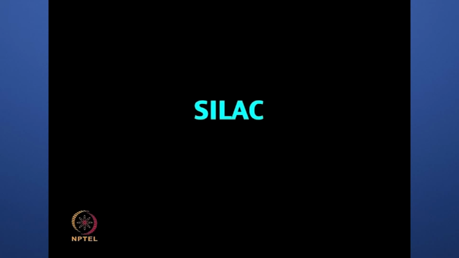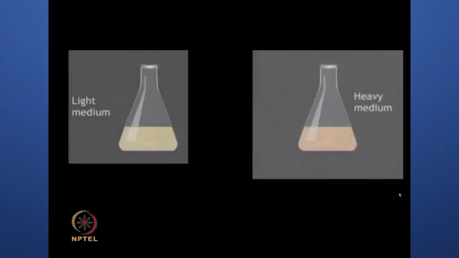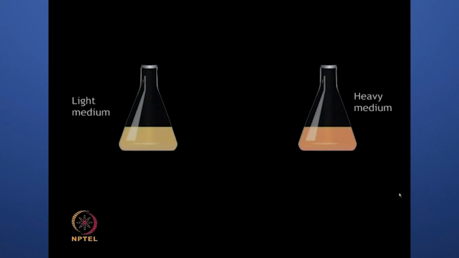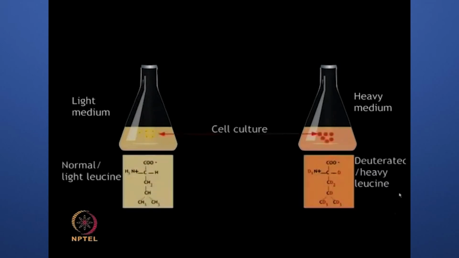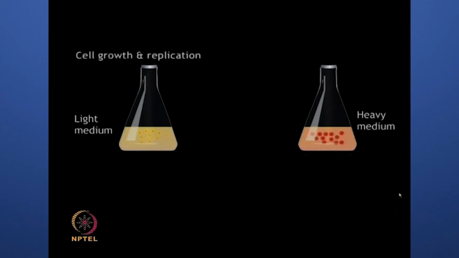So, let us discuss the SILAC method. SILAC is a simple method for in vivo incorporation of a label into proteins for quantitative proteomic purposes. In the SILAC method, two groups of cells are cultured in media that are identical in all aspects except that one contains a heavy isotopic analog of an essential amino acid, while the other contains the normal or light amino acid.